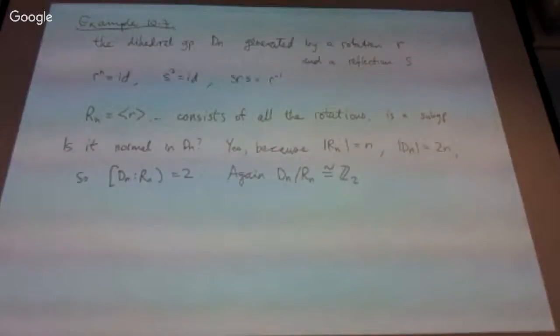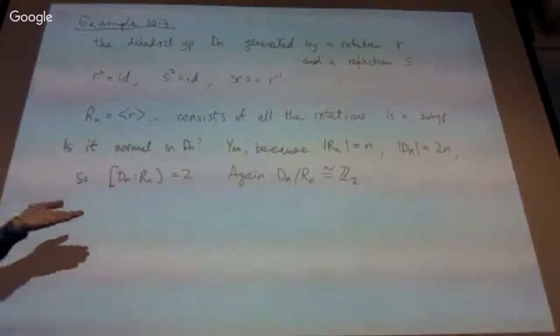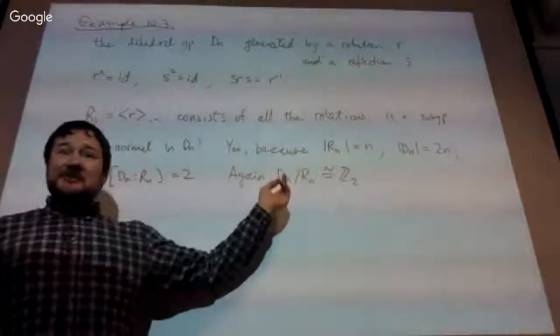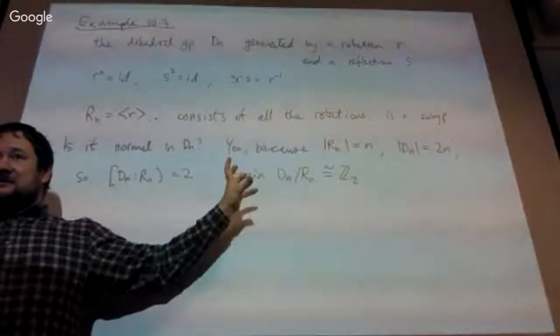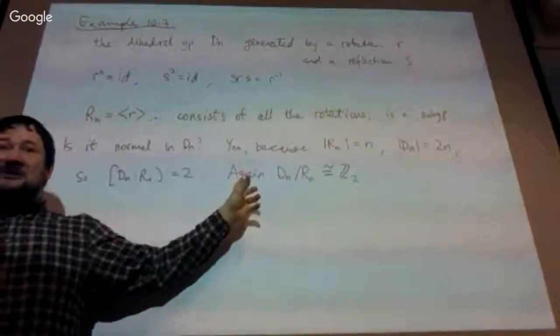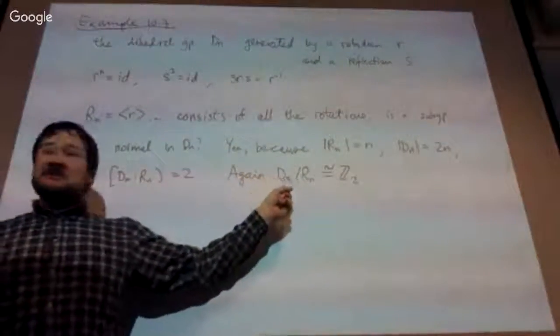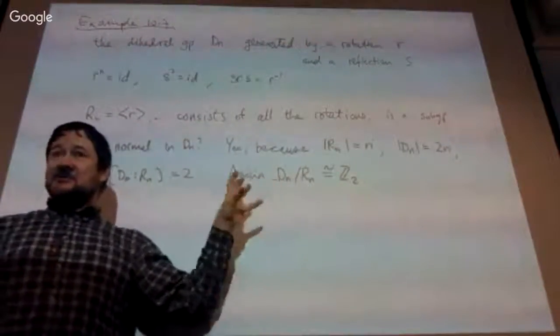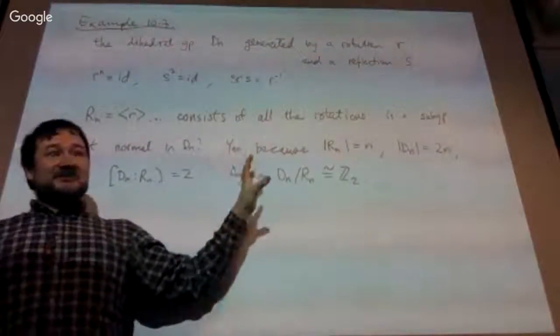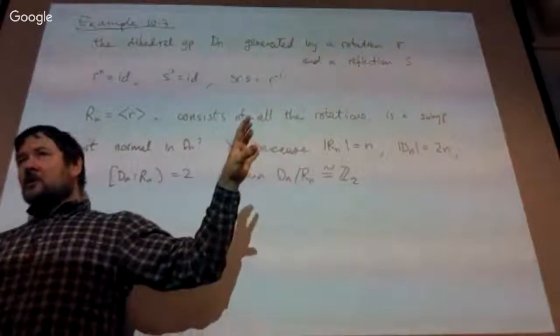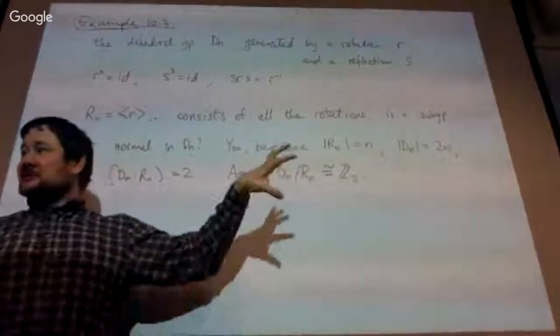When we were talking about the even and odd permutations, it captured the parity of the permutations. But here it captures something else: whether the symmetry is a mirror symmetry or a non-mirror symmetry.